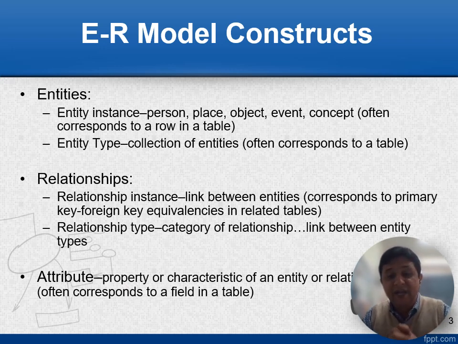Now it is a relationship instance, because at this level we are visualizing this relationship between 2 entity instances. Similarly, if I say that ABC is learning the database course, this learning relationship is no more a relationship type, rather it is a relationship instance, because we are now modeling it at the instance level. So this is the second building block of the entity relationship model that needs to be identified.